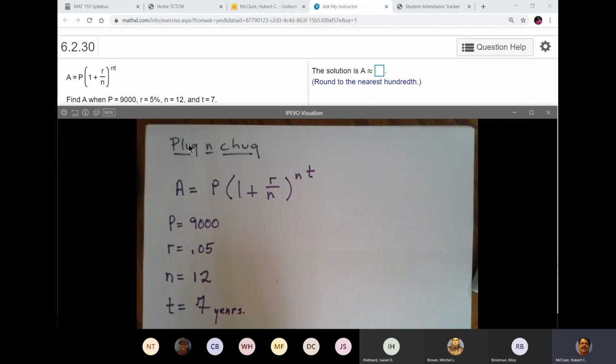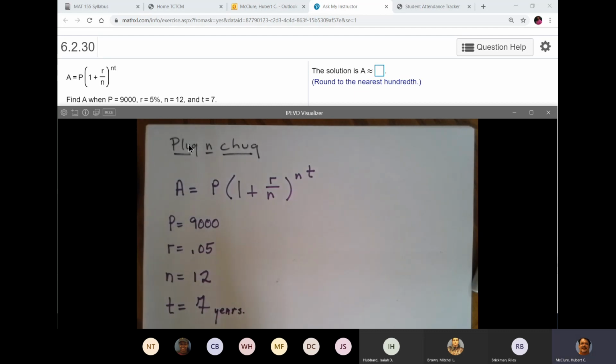You can't put 6 months because the formula is derived to use years. So if I give you 6 months for T, you can't put in T is equal to 6. You have to put T is equal to 1/2 or 0.5. If I give you 3 months, then that means it's 0.25 or 1/4 of a year. Okay, so you have to think in terms of years.